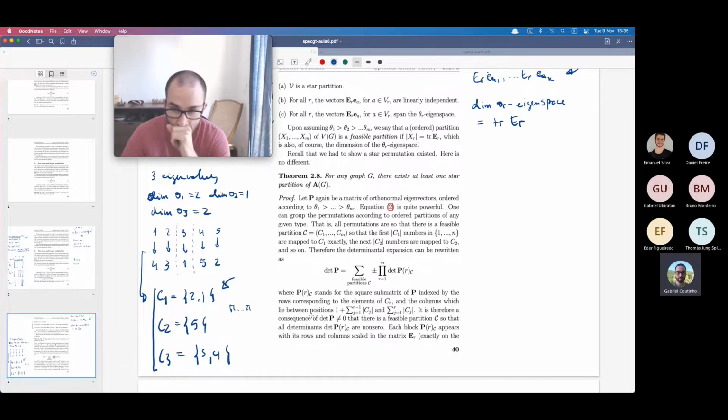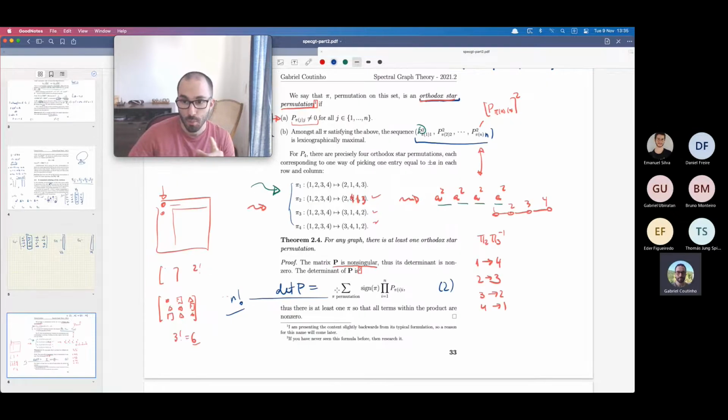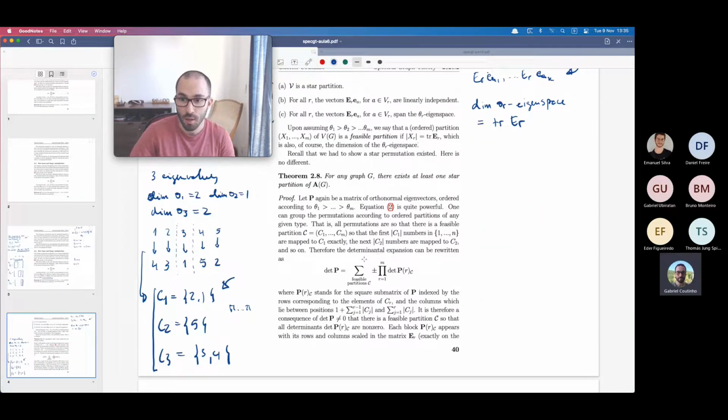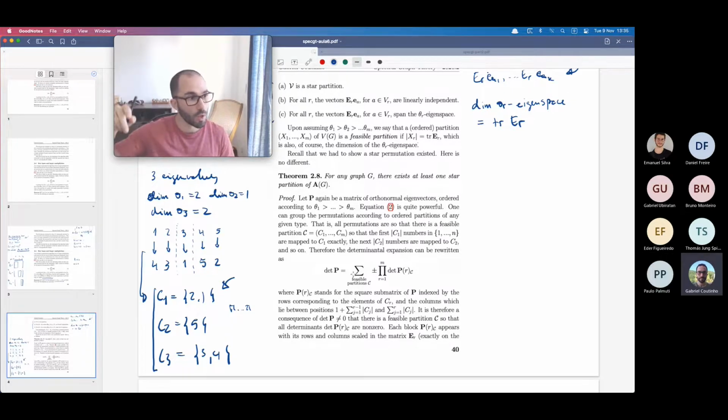Now, that determinantal expression, the sum over all permutations, now corresponds to a sum over all feasible partitions of a sum of all permutations in there. But magically, if you stop to think a little bit, you will see that the sum over all permutations within each feasible partition is actually giving a determinant of a block matrix.